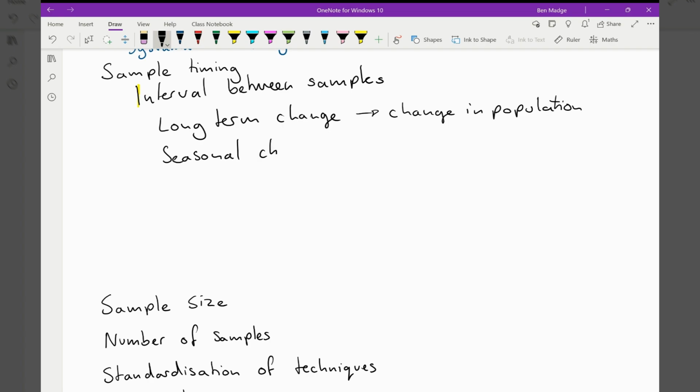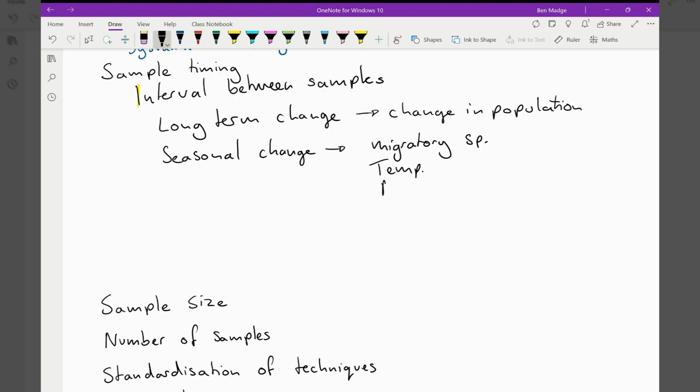So it sort of changes throughout the year. So we need to come back and track a migratory species, that's only going to come back at certain times of the year. Temperature changes with the seasons.